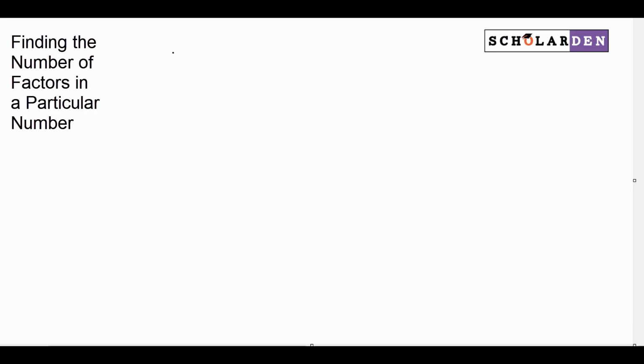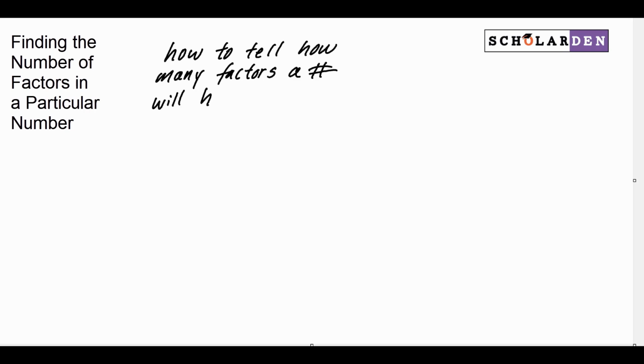Okay, so this is how to tell how many factors a number is going to have. What you have to do is you have to get the prime factorization of that number.